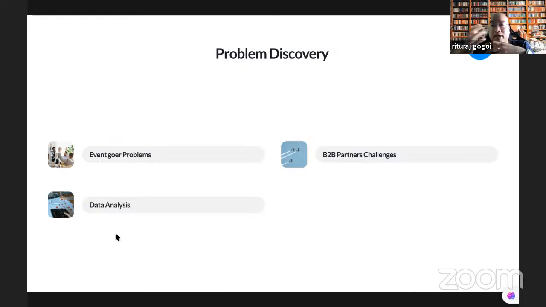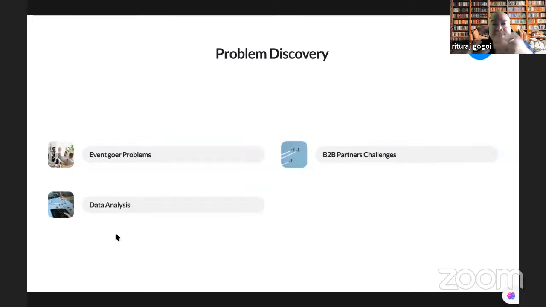We analyzed that data as well to get a better hang of the users that were coming onto our platform, in terms of their behavior, their pain points, what inspired them, what we were doing that was going well, and what the missing areas or pain points were that these users were facing.